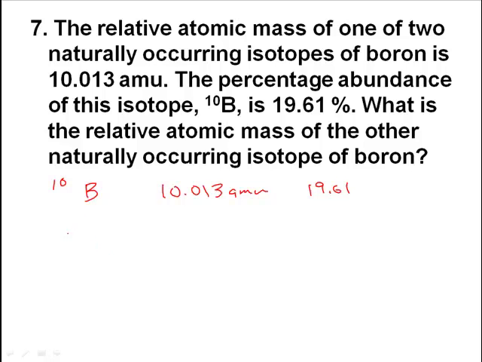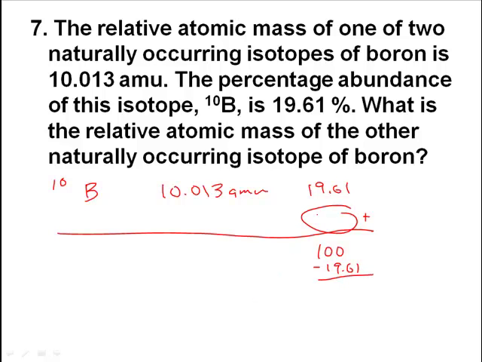The other isotope, which we don't know what it is, since it's only 2 isotopes, the total percent abundance has to equal 100. So you take 100 minus the 19.61, and that gives you the percent abundance here. Once you have that, you can find out the mass of the additional isotope.